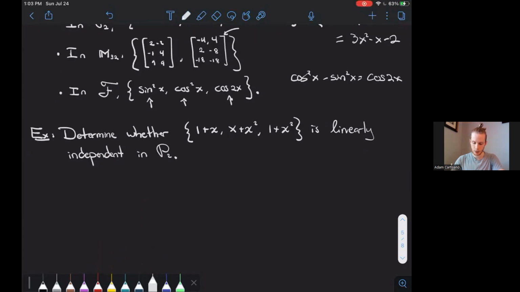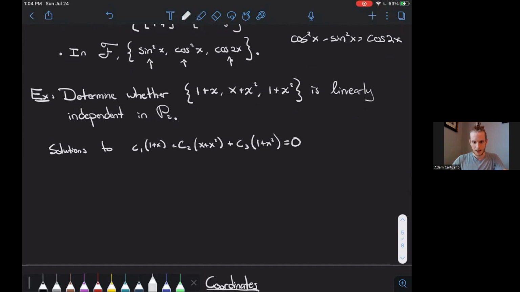So if it asks us to determine whether 1 plus x, x plus x squared, and 1 plus x squared is linearly dependent in P2, how do we do it? We have to ask, what are the solutions to C1 times 1 plus x plus C2 times x plus x squared plus C3 times 1 plus x squared equals 0?